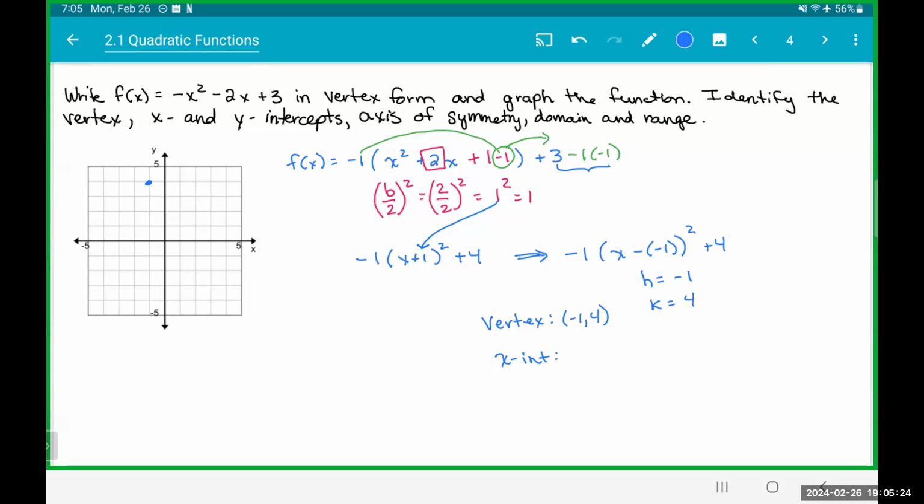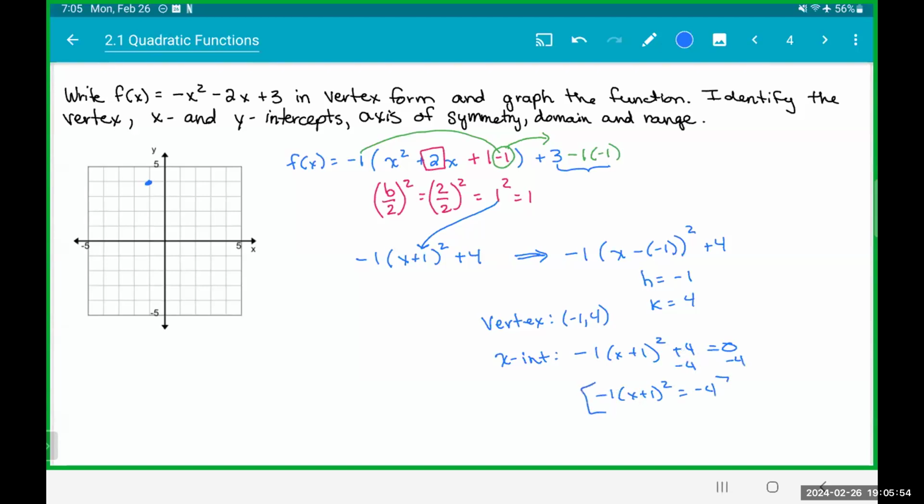So we could go back to the original if we want. And say, actually, let's just go from the one that's already factored, negative 1 times x plus 1 squared plus 4. Set that equal to 0. We'll minus 4 from both sides. And we get negative 1 times x plus 1 squared equals negative 4.